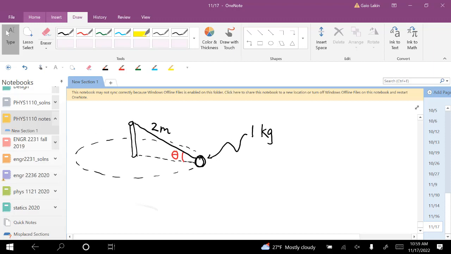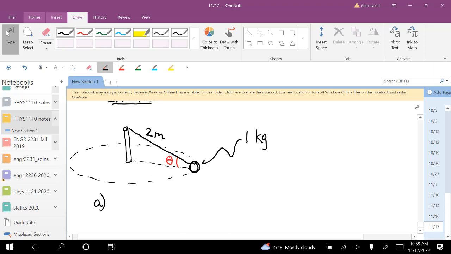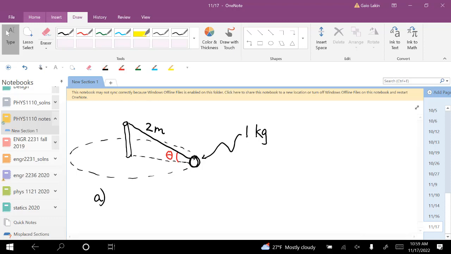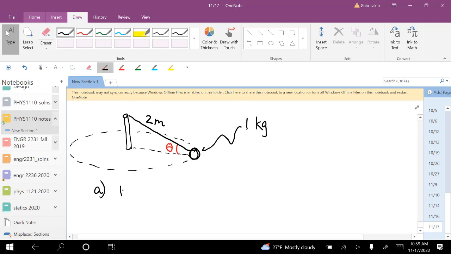So first, I'm going to do this in 2 parts. I'm going to first do it numerically, where I give you a value for theta, and then we're going to do it generally in terms of theta and see how that angle changes with speed and how the tension changes. So let's first say if theta is equal to 30 degrees, what are the speed, V, and the tension in the cable?